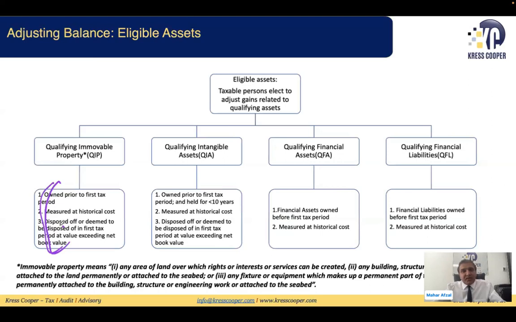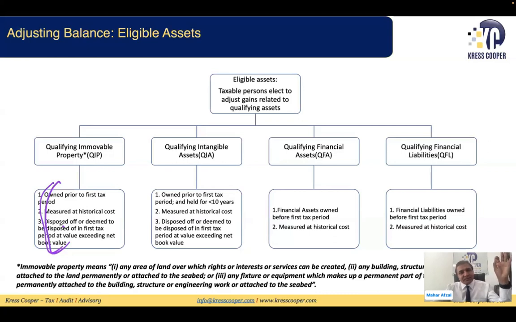Then qualifying financial assets, there are only 2 conditions: financial assets owned before the first tax period, and second, these assets are being measured at historical cost. The same 2 conditions are applicable for the financial liabilities as well.